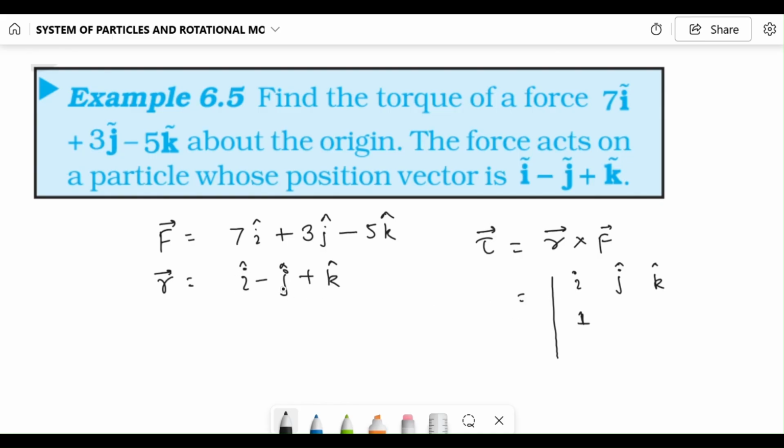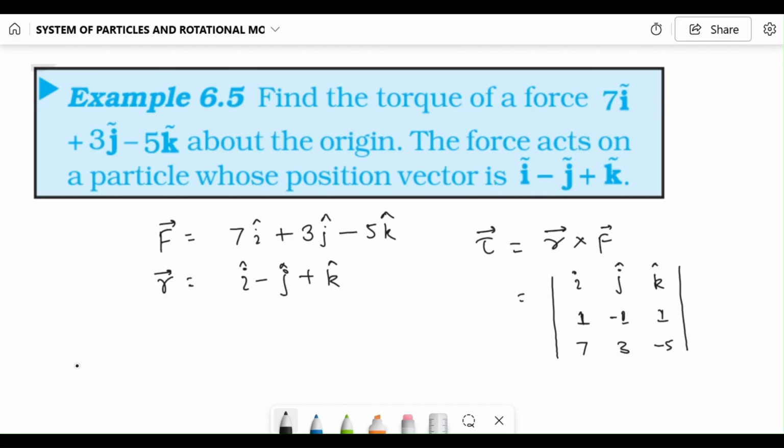Similarly, ry, the y coordinate, is minus 1, and this is 1. Now, what about Fx, the x component of this force? This is 7, the magnitude of the x component, and then 3, the magnitude of the y component of the force, and then minus 5. And now we can just solve this determinant to find the answer.